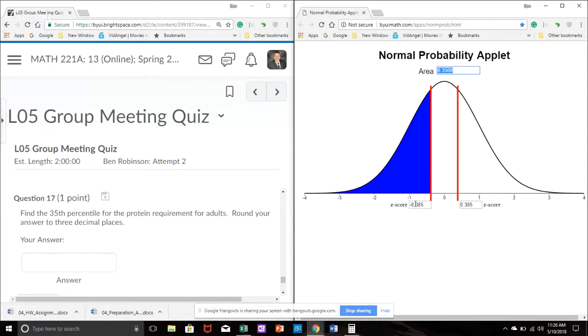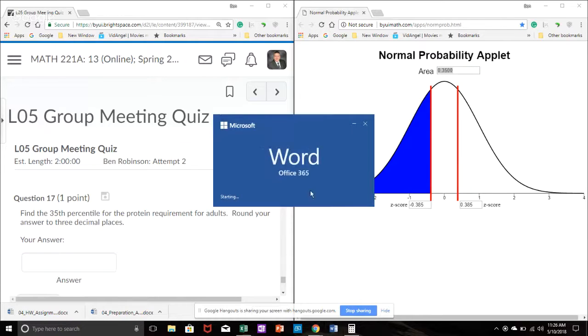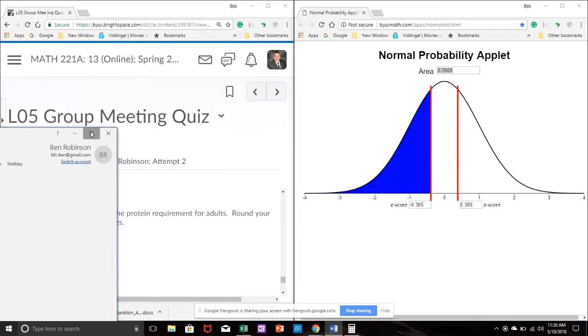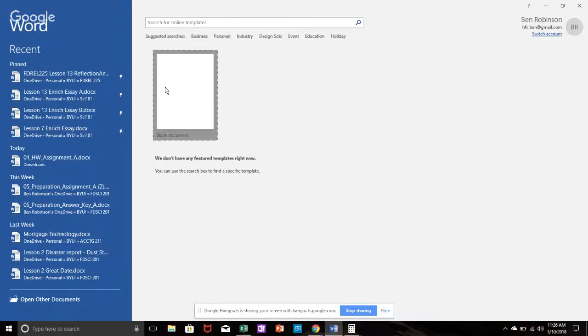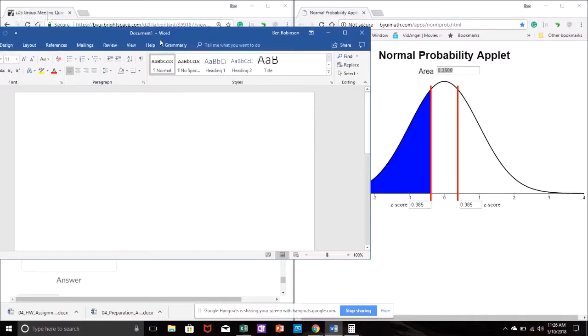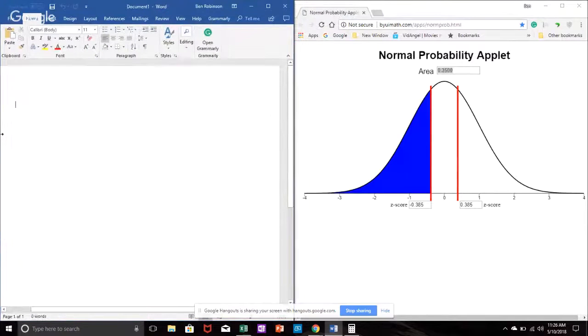Now we do the formula that we learned. We find the x, and it would be in the left part, minus 0.385 equals x minus 0.65 divided by 0.07.